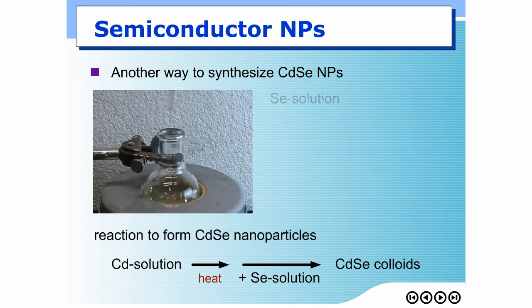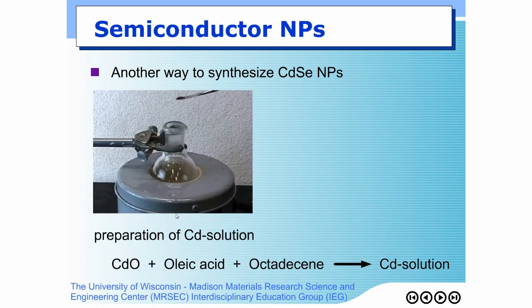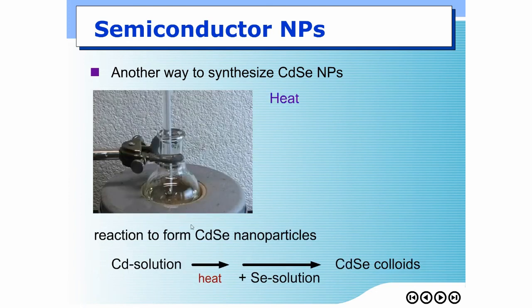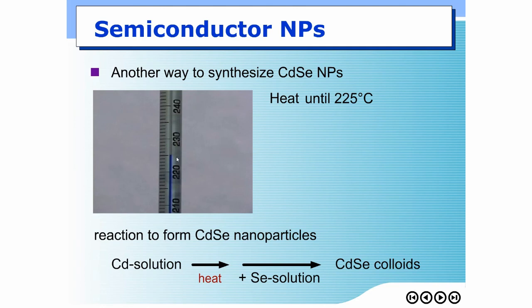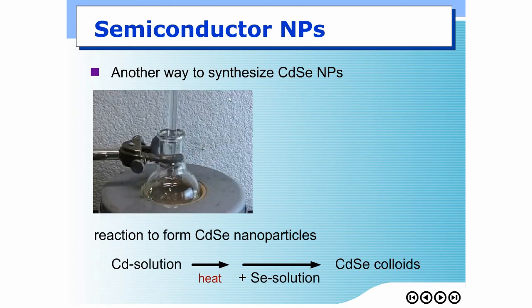Once the cadmium solution is heated to high temperature, we add the selenium solution right away. If I put it back for you again, when the temperature reaches about 225, we add the selenium solution into this mixture.